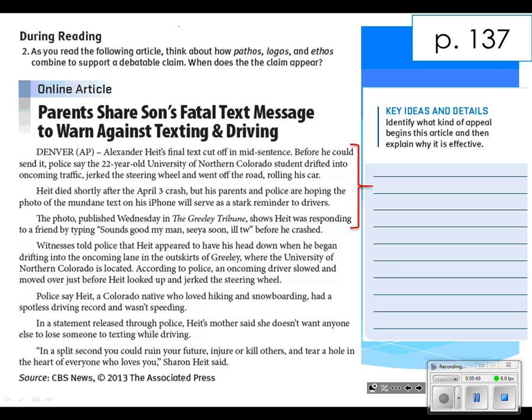Okay, take about 10 seconds to discuss with your group. Do you think it's one of the three appeals, or do you think it's the claim, the argument? Go ahead.